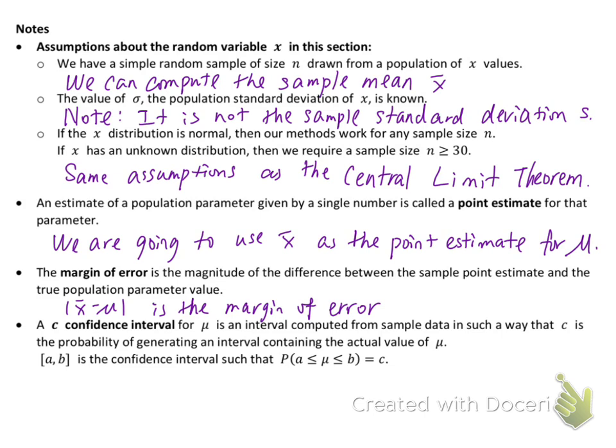We have a random variable. We don't know what the mean is, but we know the standard deviation sigma of the population. First of all, either it is a normal distribution or we are going to draw more than 30 numbers.